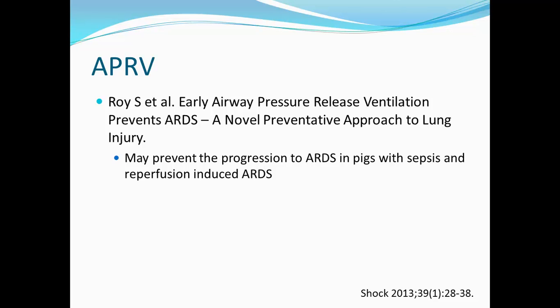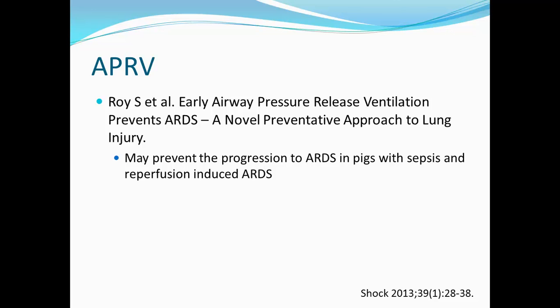This is one of the assigned articles by Roy and Habashi, and they evaluated 7 pigs that were given a reperfusion sepsis and tried to induce ARDS. The 3 pigs that were ventilated in the traditional fashion developed ARDS.